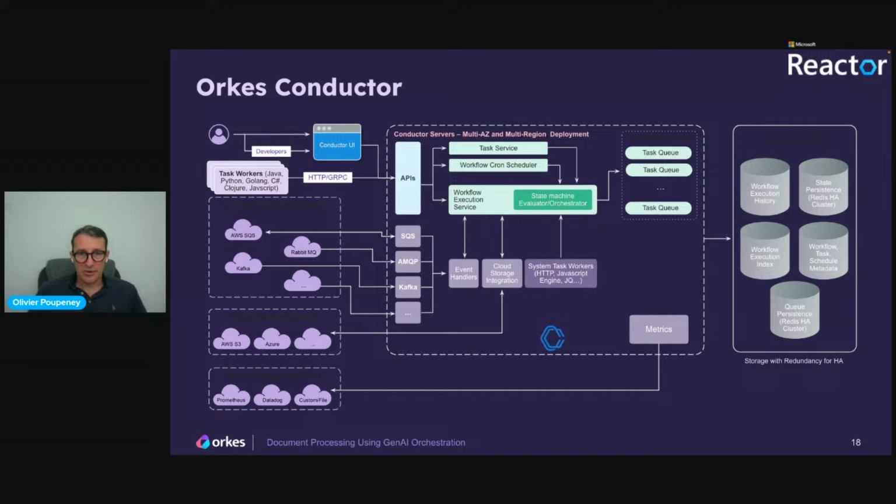Of course, there is cloud storage integration with Azure and others, and a way to look at metrics to make sure that the execution of workflows can be introspected the right way, so that we can know how to make them better, more efficient, by looking at the execution.